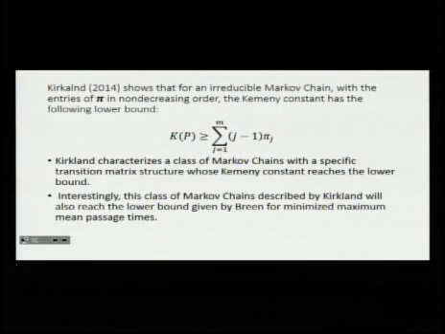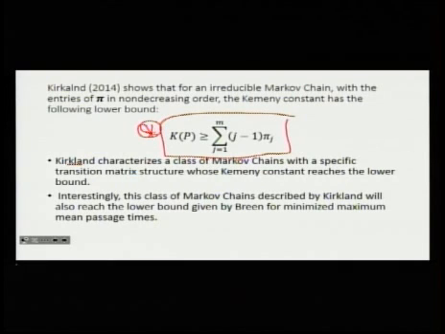Another researcher, Kirkland, found another class of graphs with a very specific structure. His graphs reached a lower bound in this inequality, and it turns out that his graphs also satisfy the conditions that Breen found for minimizing the maximum mean first passage times.